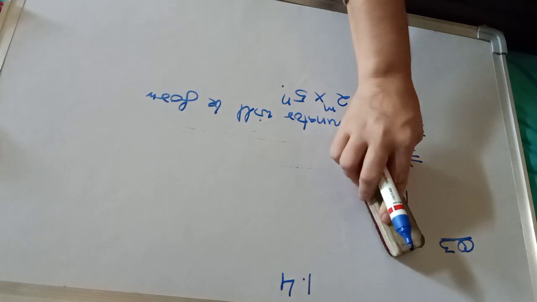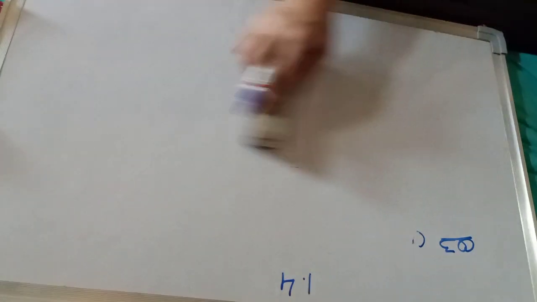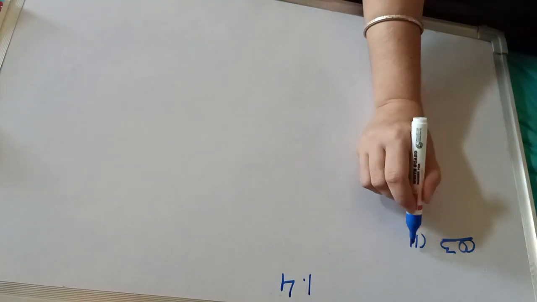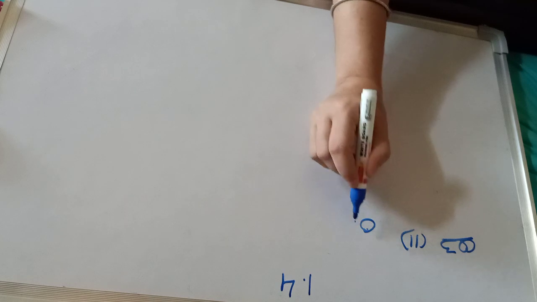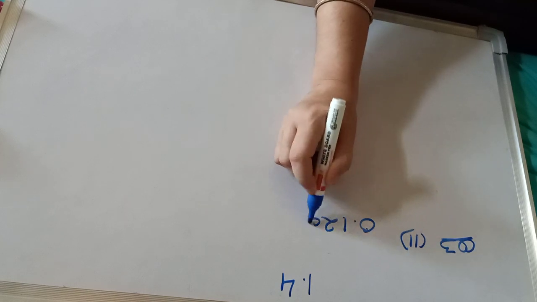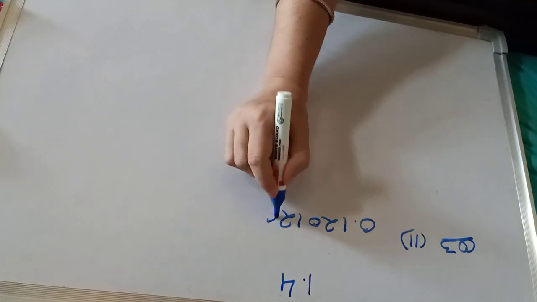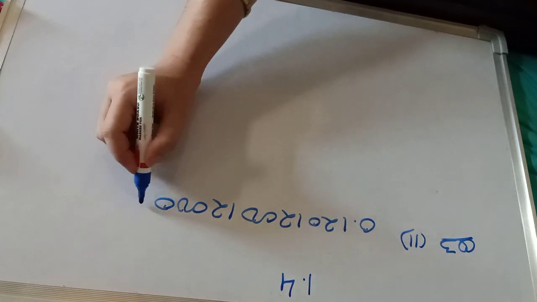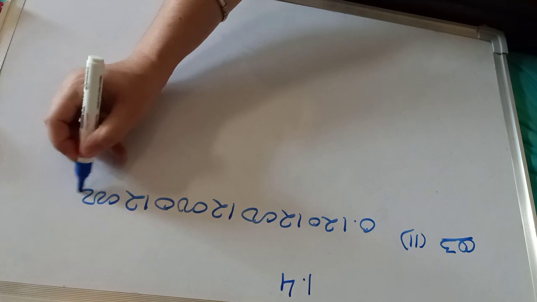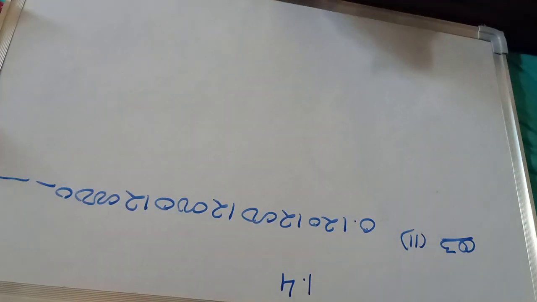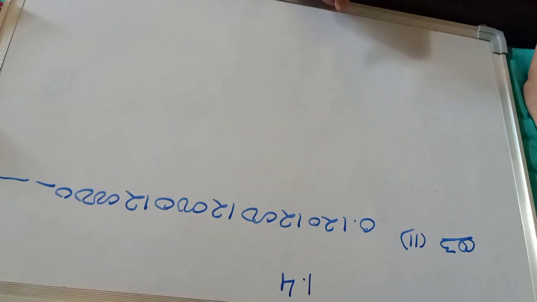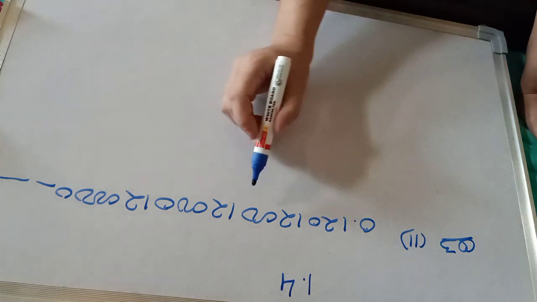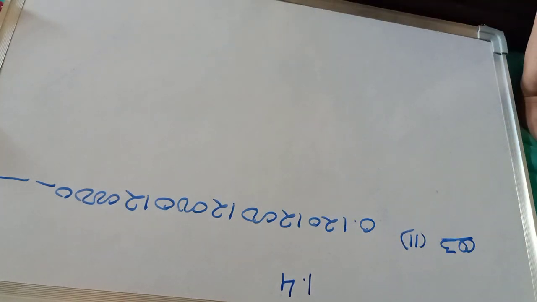Now come for your second part. In second part they have given you the values 0.120, then 1200, 12000, 4 times 0, and so on. Now what about the decimal expansion? Is it terminating?